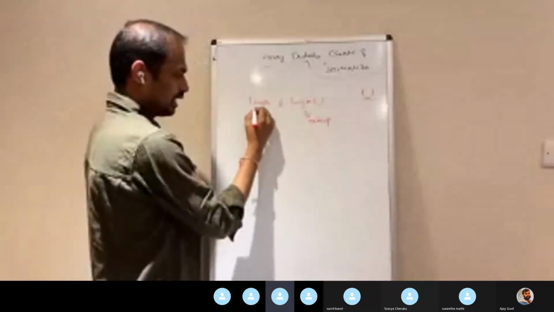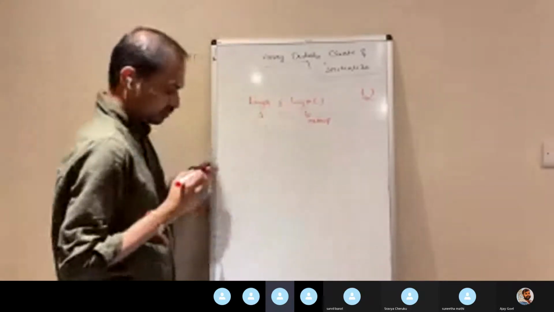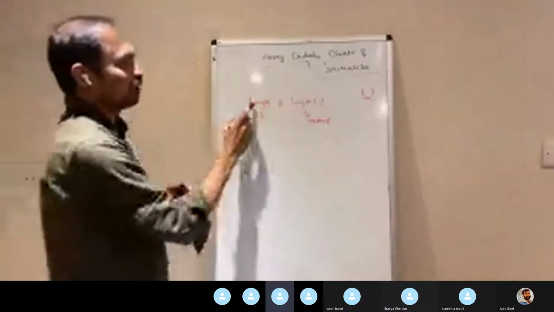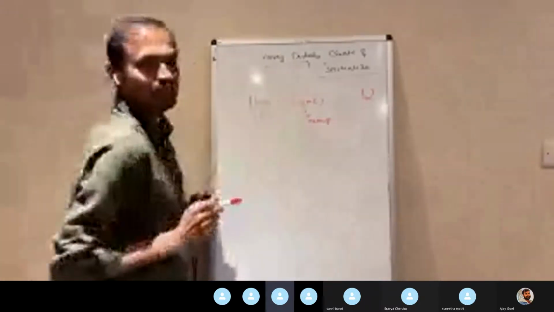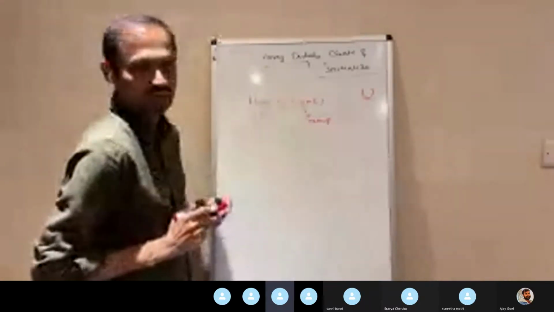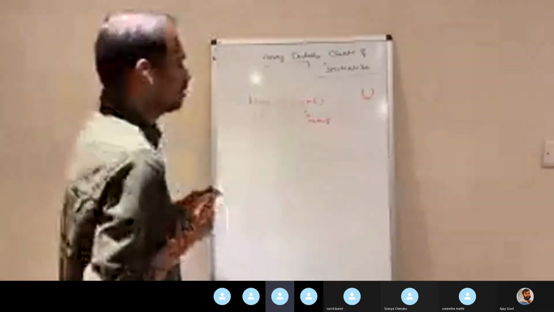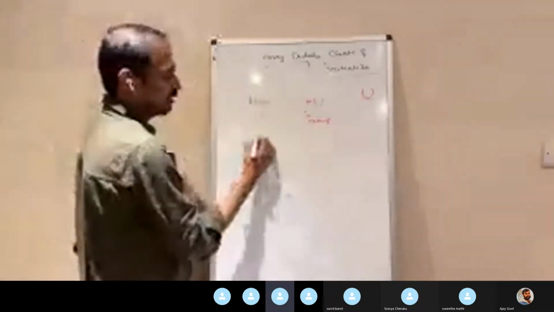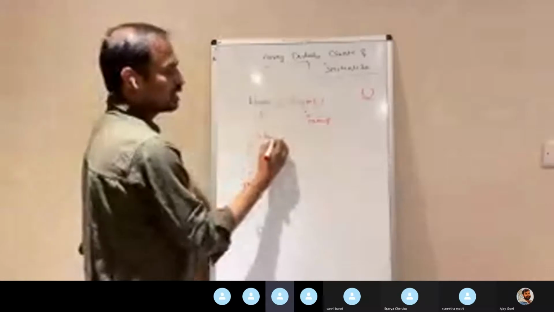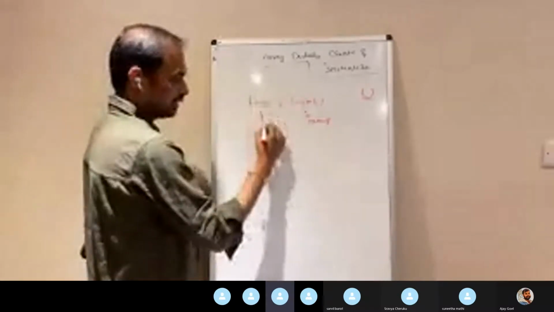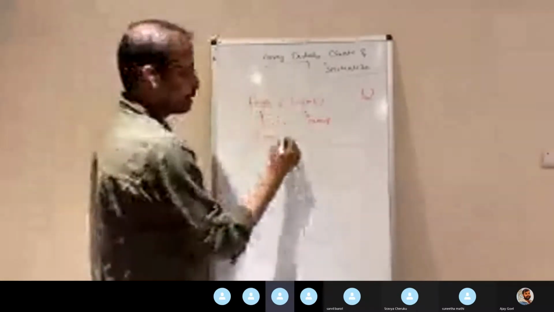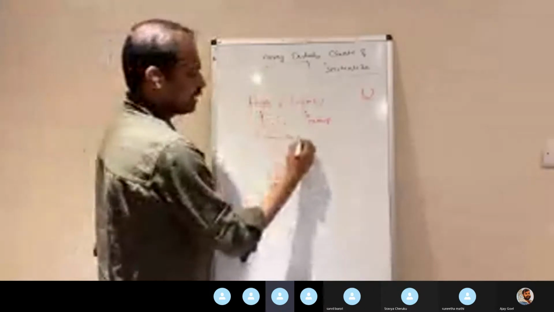This is a variable. Length is a variable. We need to know when to use length and when to use the length method. To know the size of an array, we use length.